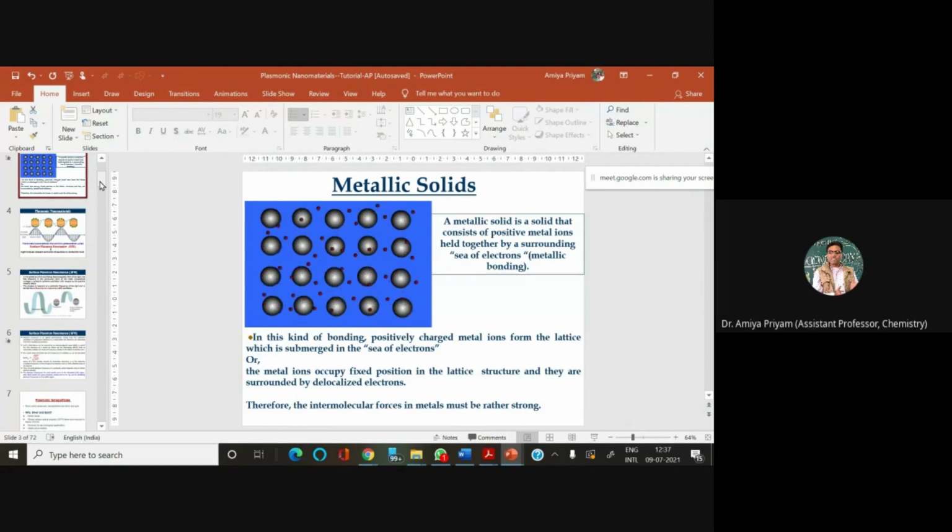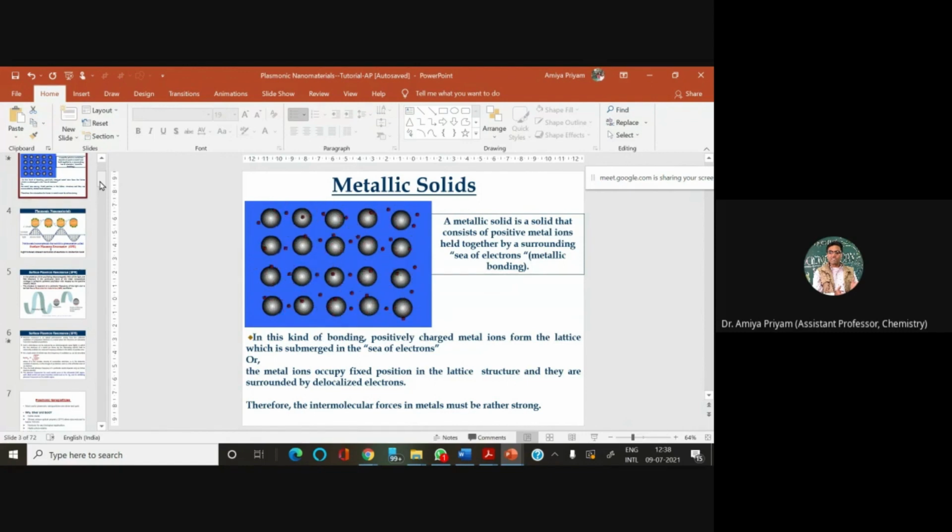So these are events that really determine whether this plasmon will be a dominant one, and whether the absorption will be very strong or very narrow or broad. So all these things depend somewhat on these factors.